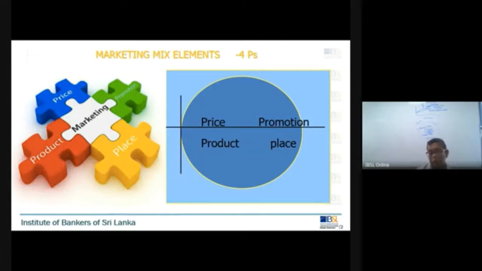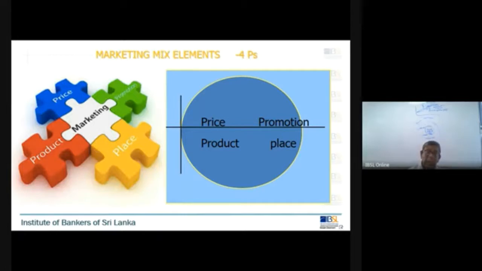Usually the 4Ps start with product, then price, place, promotion. We call this the marketing mix.